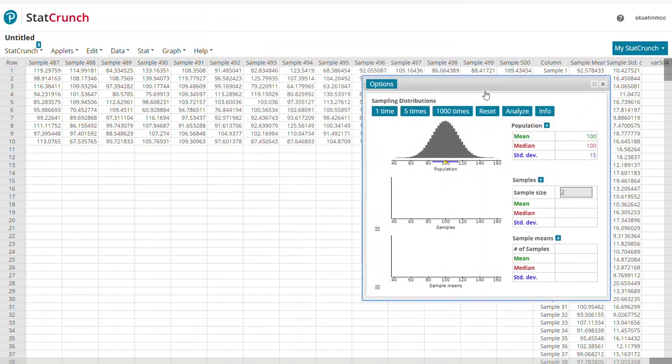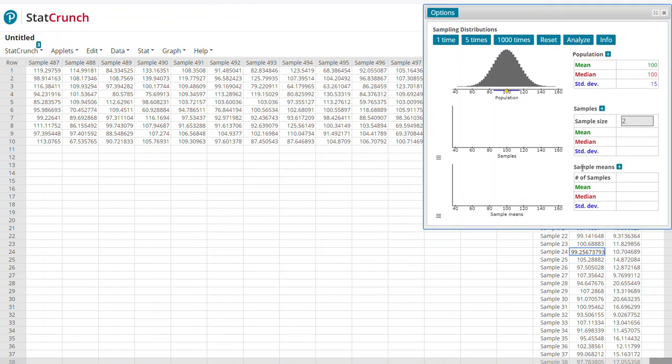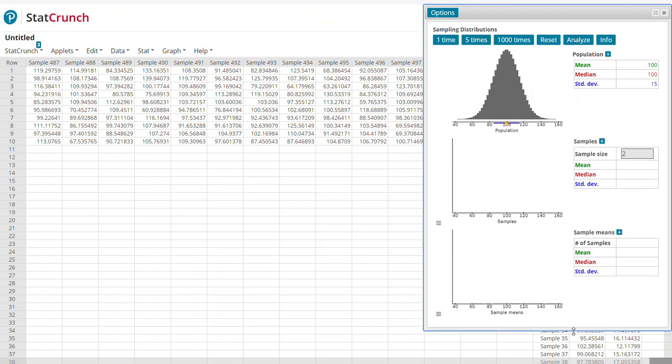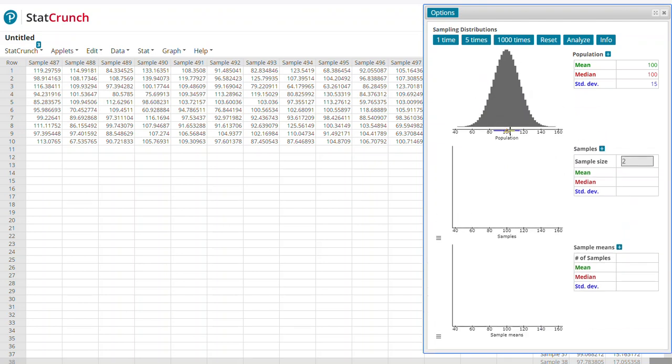So I'm going to hit compute here. I'm going to make this a little larger so we can see what's happening. And what the top row of this applet is representing is the distribution of my population.